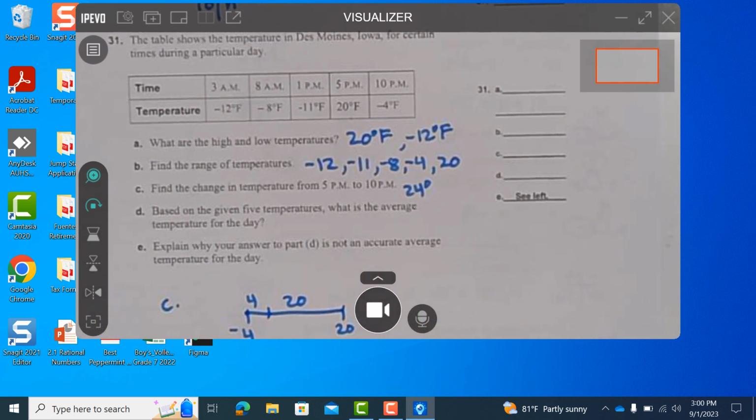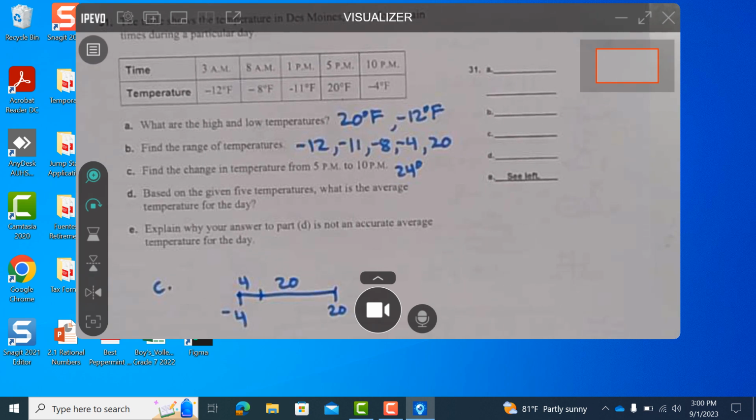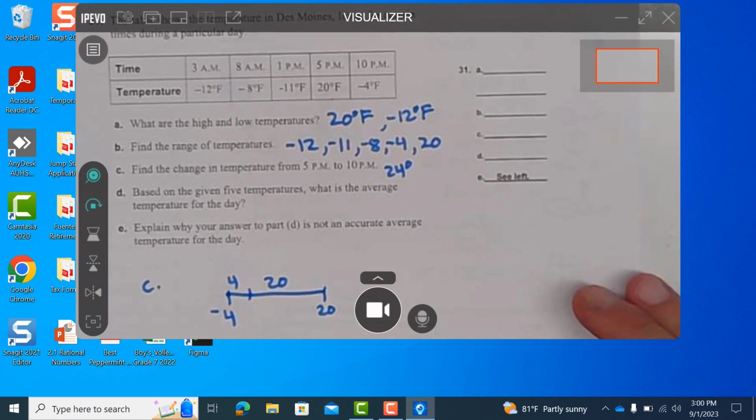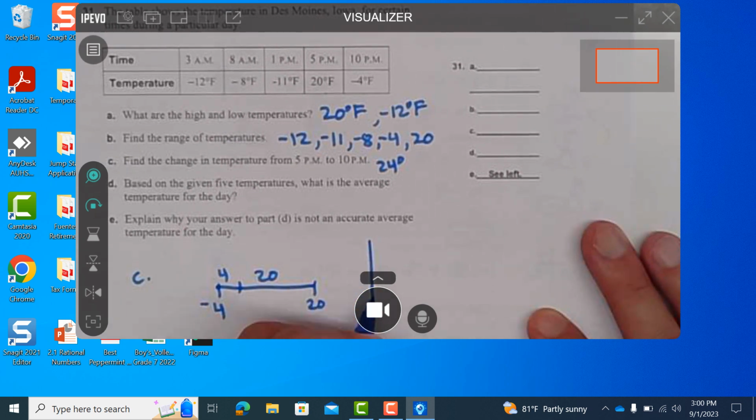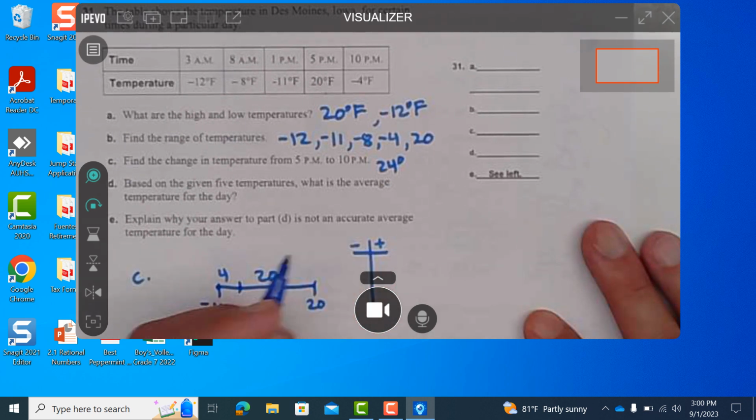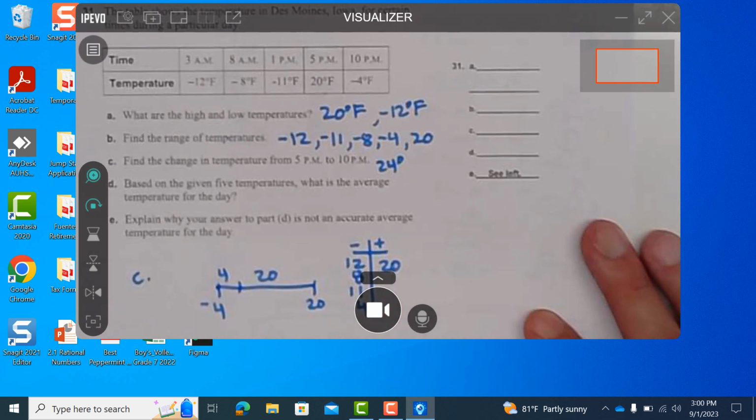Letter D, based on the given 5 temperatures, what is the average temperature for the day? Since we have negatives and positives, we'll build a T-chart and then divide by 5 numbers. So we have a lot of negatives. We have 12, we have 8, we have 11, and 4. Over here we have 20. So adding that down, 12 plus 8 is 20, plus 11 is 31, plus 4 is 35, compared to 20.